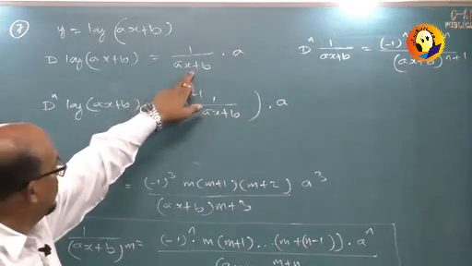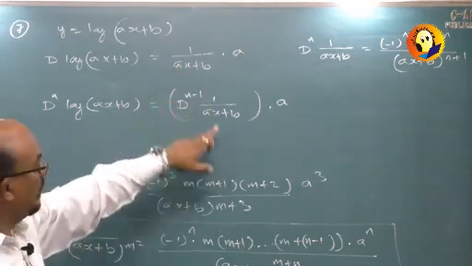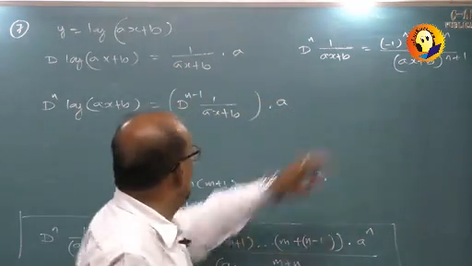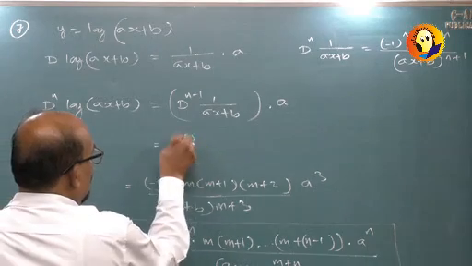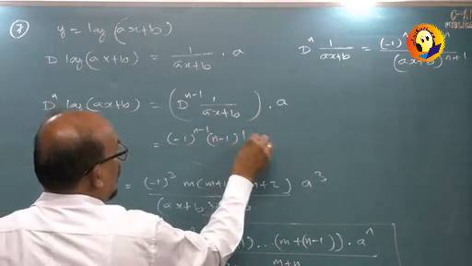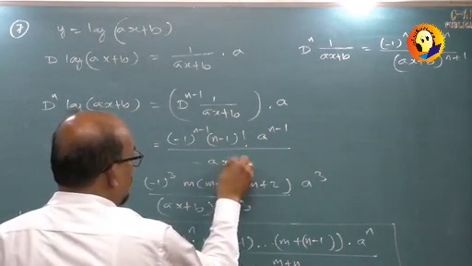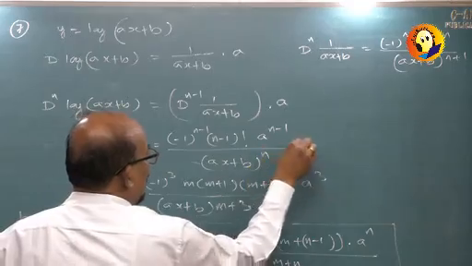Because you will differentiate it further n minus 1 times. This is the first derivative. And putting n equal to n minus 1 into this, we get the formula as minus 1 raised to n minus 1, n minus 1 factorial, a raised to n minus 1 upon ax plus b raised to n into a.